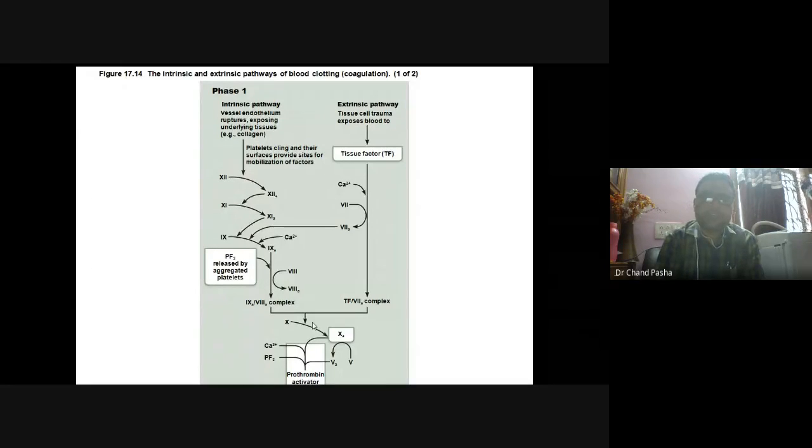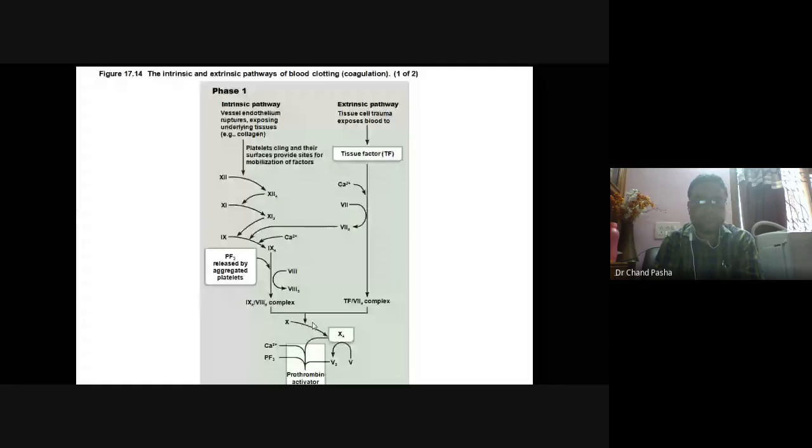Then this 11th A, along with calcium, activates the 9th factor into the 9th active factor.